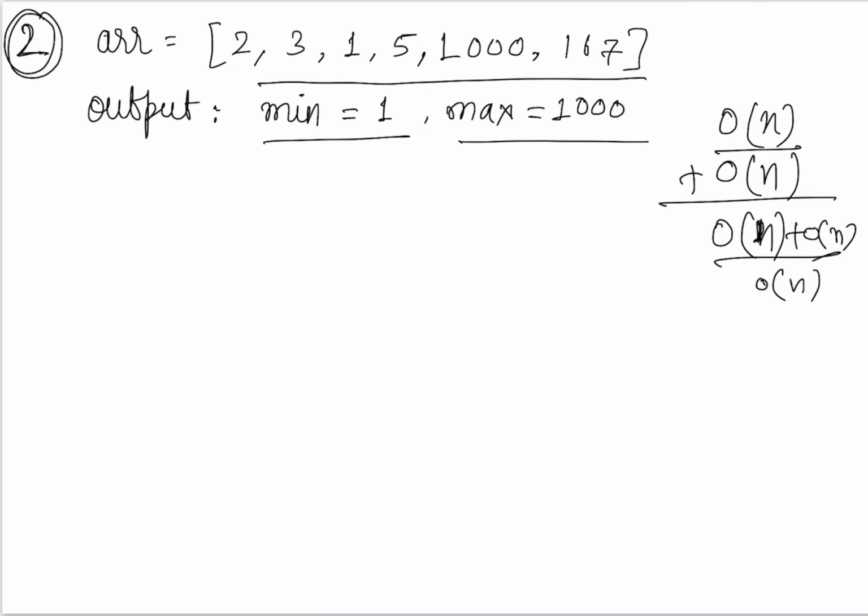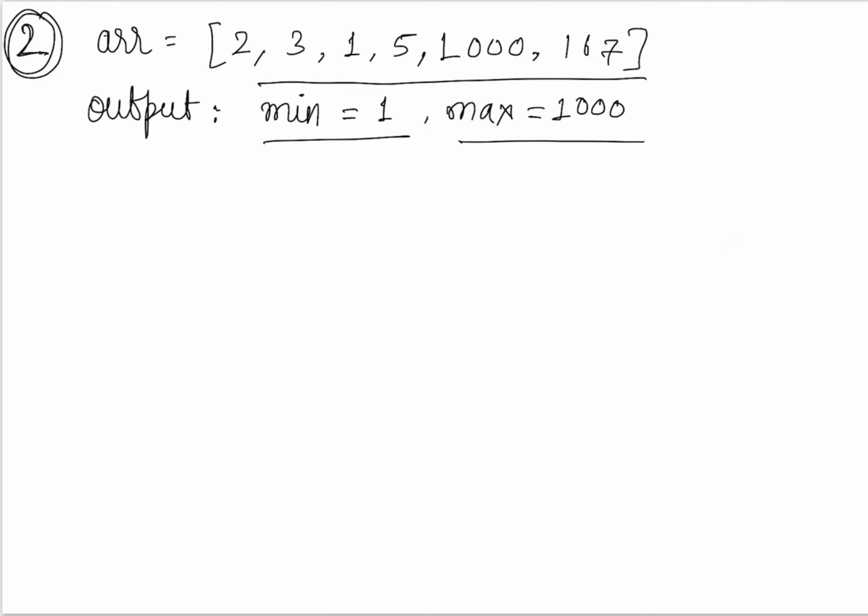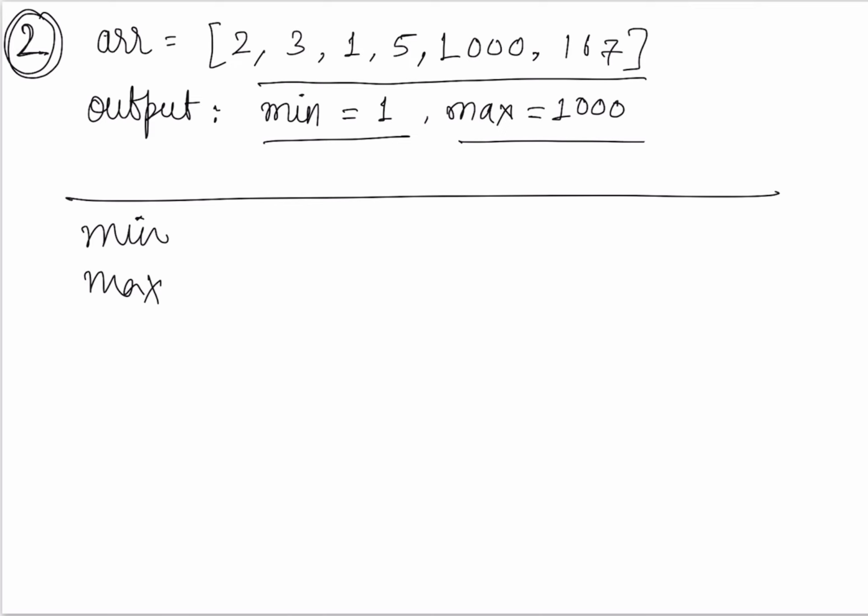In a single iteration, we can find both the maximum as well as minimum. So how to approach that? For that, first we need to initialize our minimum variable as well as maximum variable. Since we are looking for minimum, any value in this array may be large, like 1000 or 12,000, but it may still be the minimum in that array.